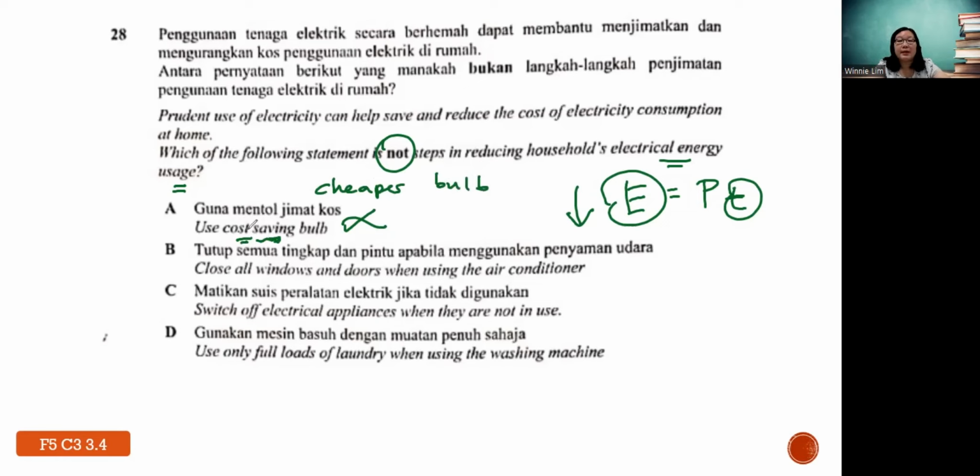An example is a filament bulb, which is less efficient. So that's actually the answer already. Close the window and door when using the air conditioner: yes, you can save energy. Switch off the electrical appliances when they are not in use: yes. And only use a full load of laundry when using the washing machine. So all of these help to reduce energy usage.